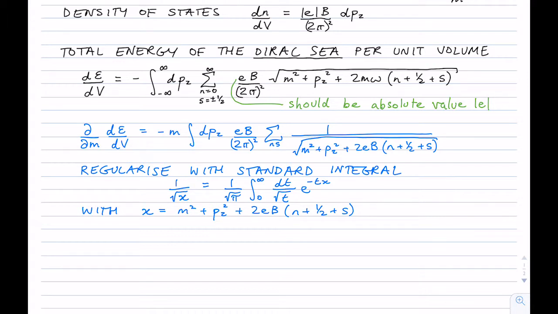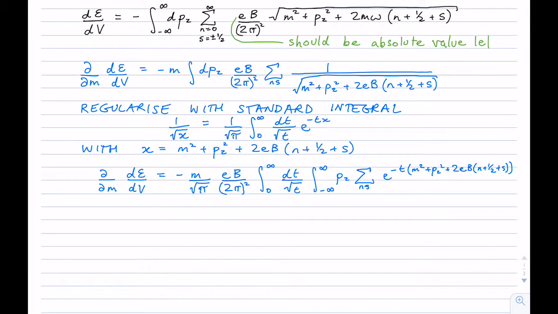That means I will get, and this t is a dummy variable which we introduced just in order to be able to do the integral. Now each one of the terms here I can actually do separately.